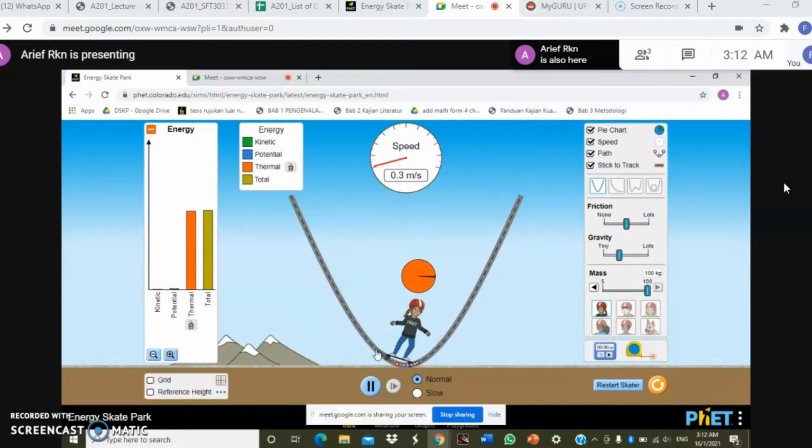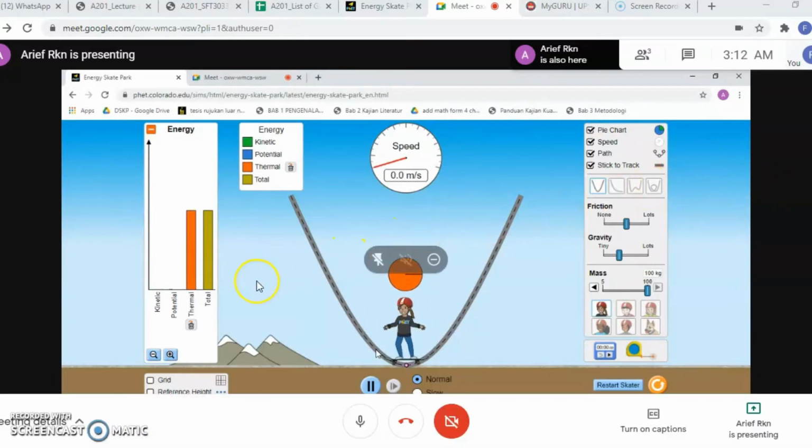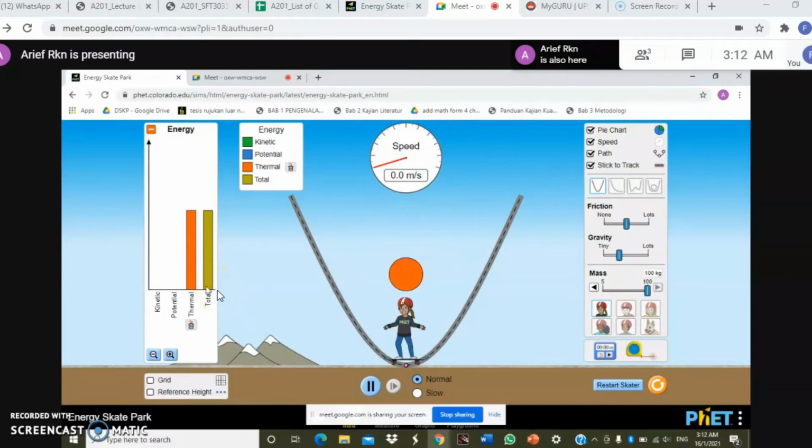At the bar chart, the sum of kinetic and potential will be the mechanical energy. So when we add the friction, we can see the thermal energy, the effect on this simulation. So how about we make a lot of friction?